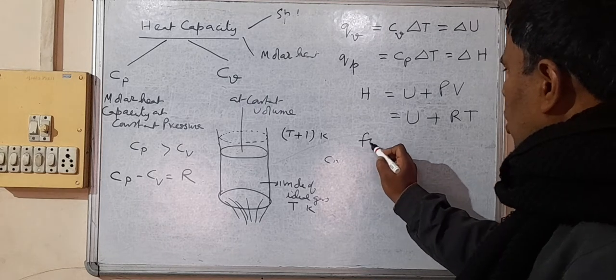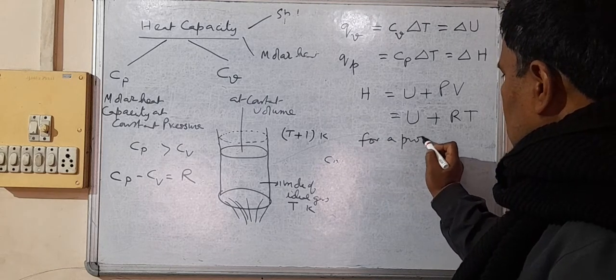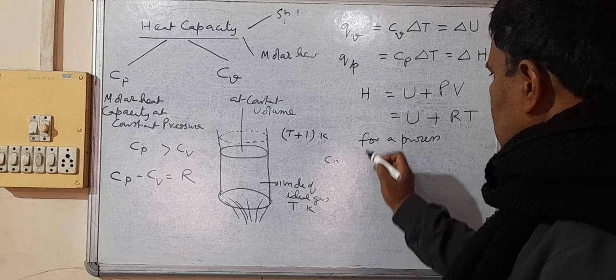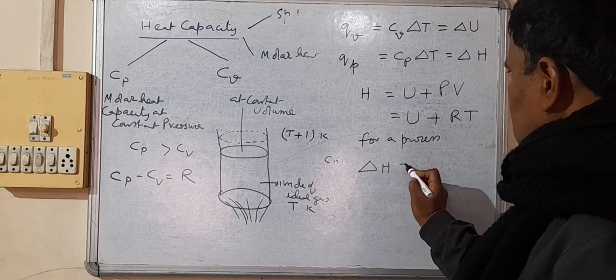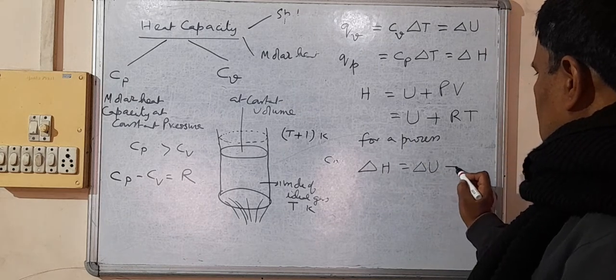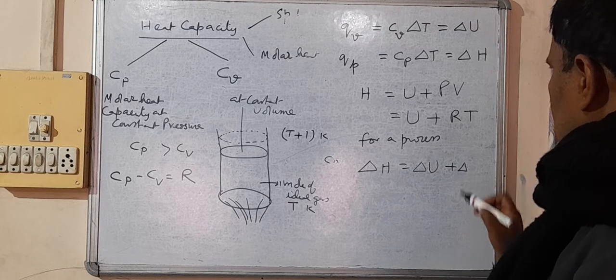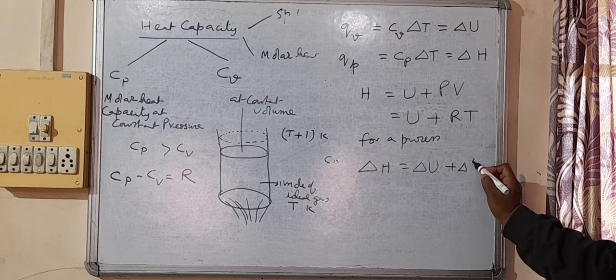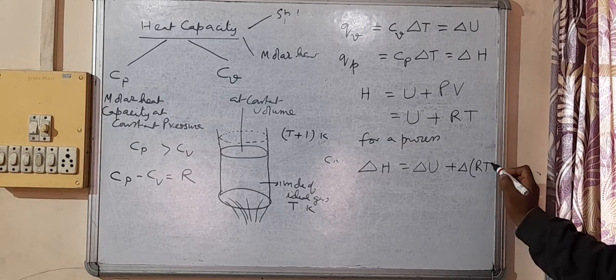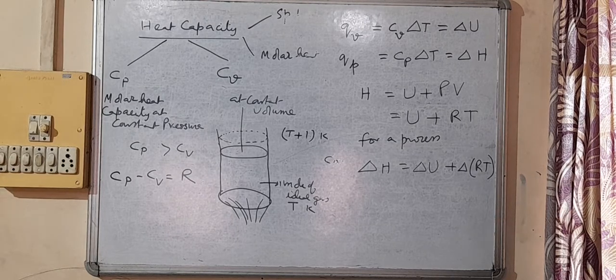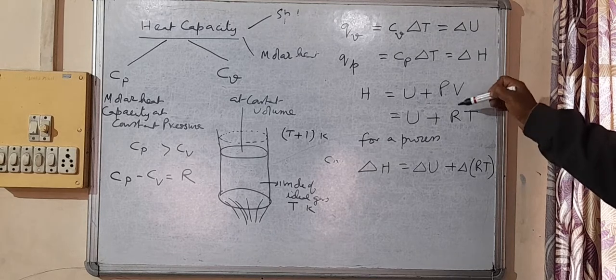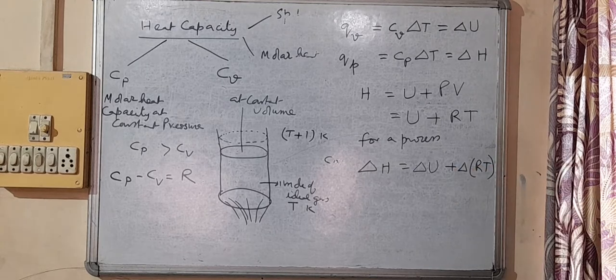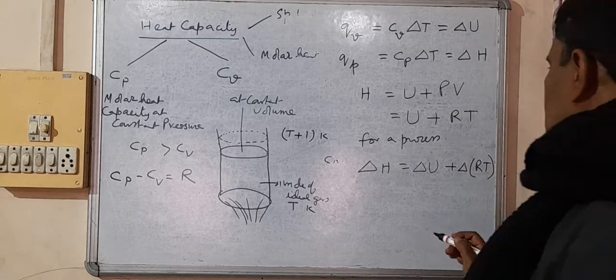Now for a process we can write delta H is equal to delta U plus delta of RT. For PV we are putting RT, then for a process the change will be like this.